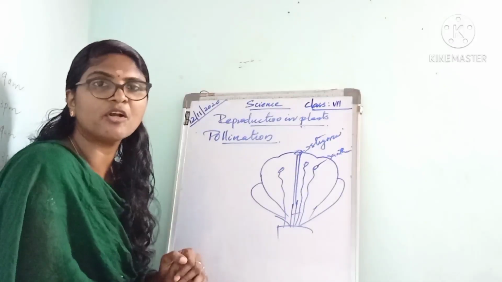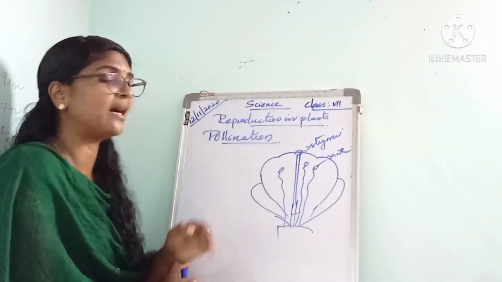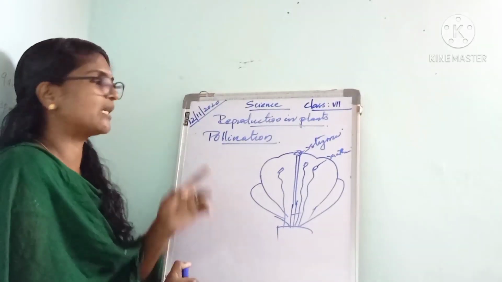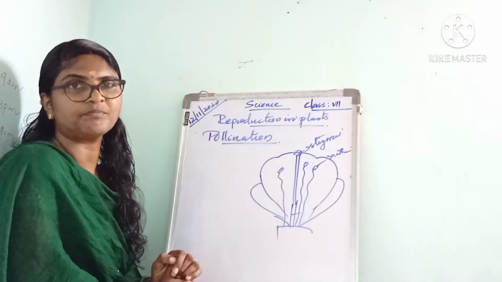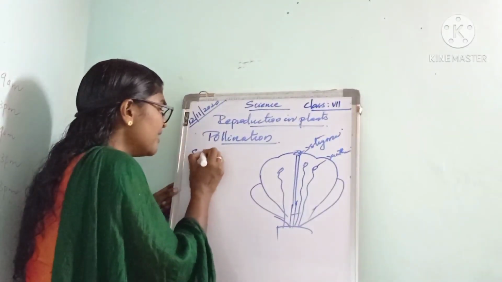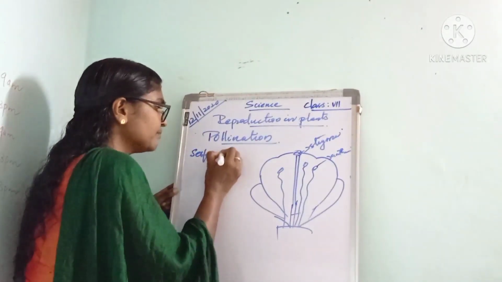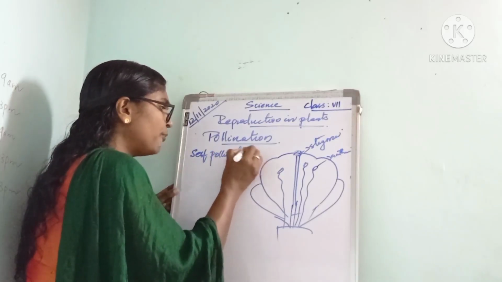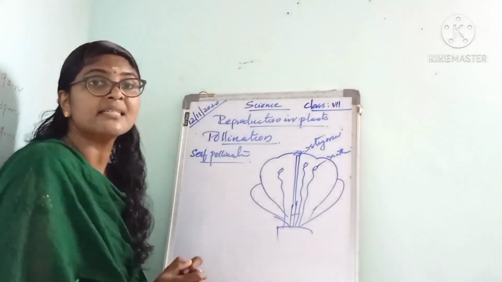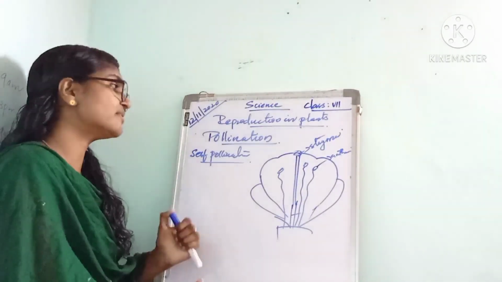The transfer of pollen grains from the anther to the stigma of the same kind of flower is called pollination. Pollination is of two types. First is self-pollination.